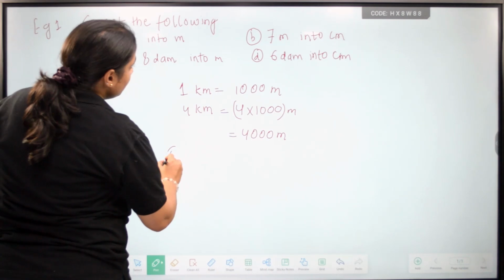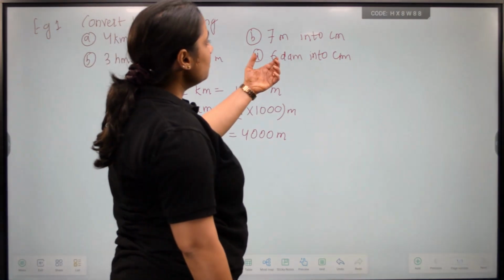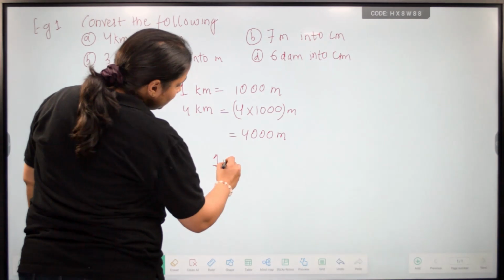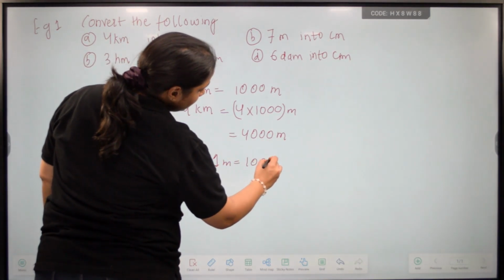Now, part B, 7 meter into centimeter. So, 1 meter is equal to 100 centimeter.